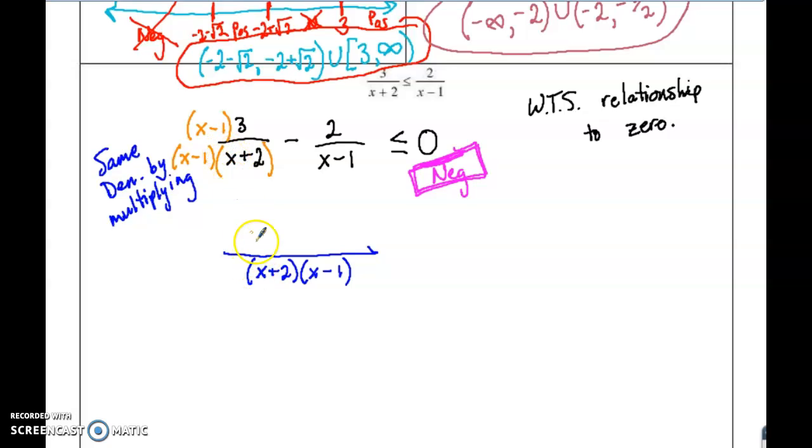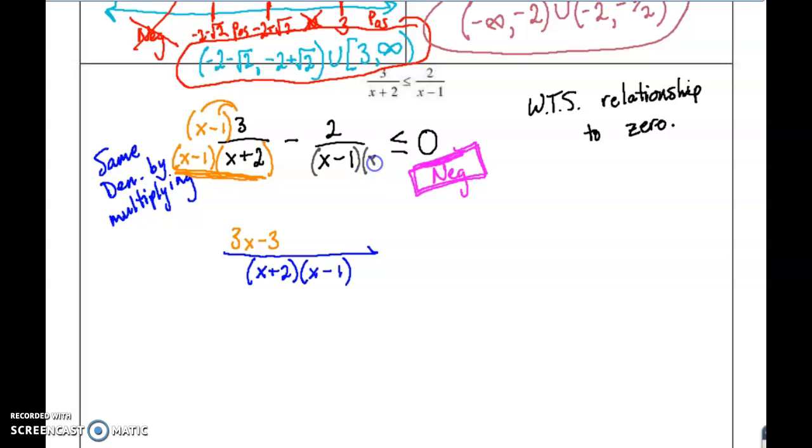So what I get there, I hope you agree, because you can't answer me, is that multiplying these two together gives me this new denominator. In the top, when I distribute 3 to each term, I get 3x minus 3. Now be careful, be very careful with this other one.